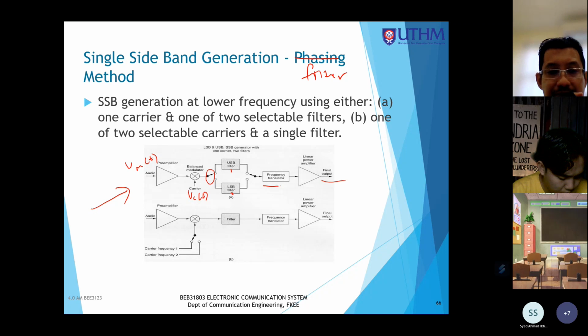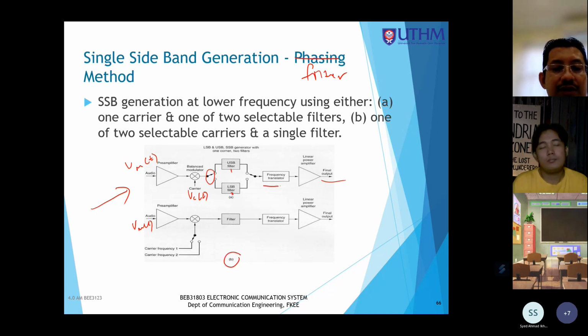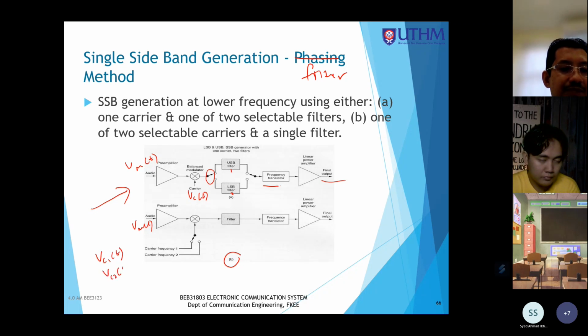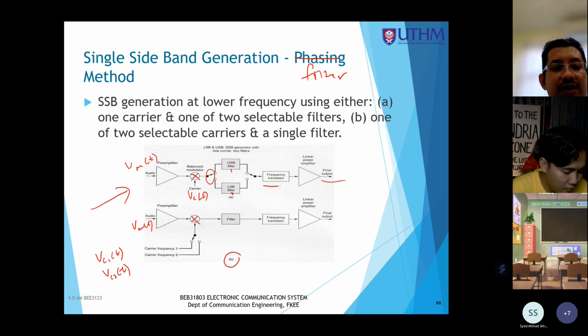Kita ada juga input VMT di sini, dan juga di sini ada dua jenis carrier. So ini untuk gambar rajah B, dia gunakan satu filter saja, tetapi mempunyai dua frekuensi carrier yang berbeza. So we have VC1T and also VC2T, input to the balance modulator. Kalau you lihat balance modulator ni simbolnya X. Secara matematiknya dia akan darabkan VMT dan juga VCT.